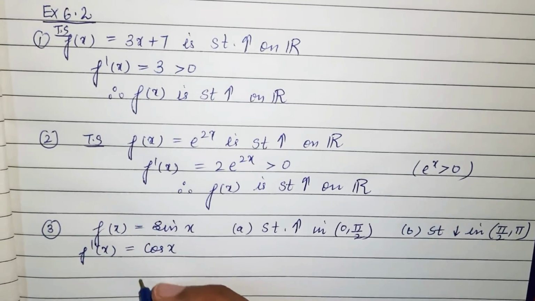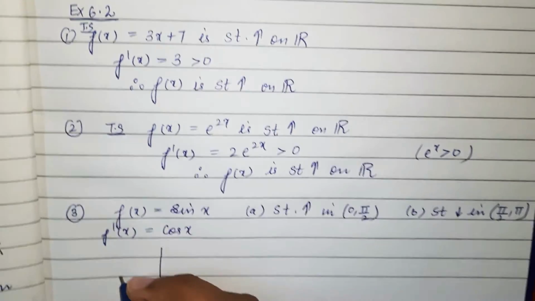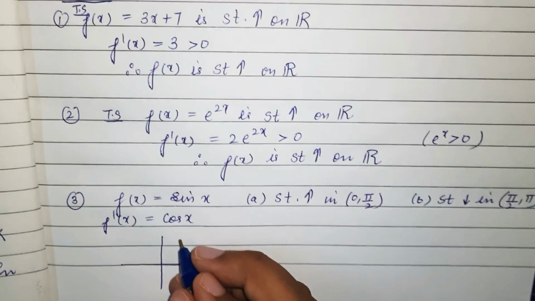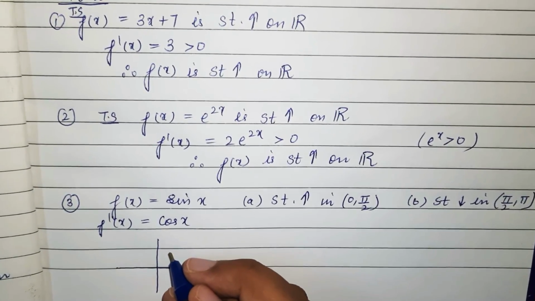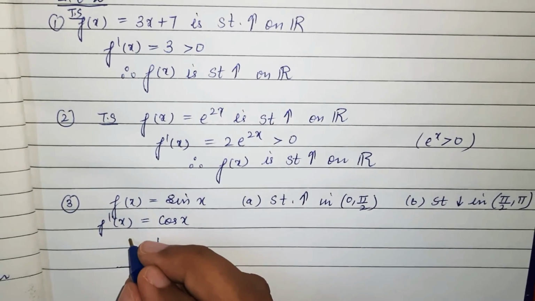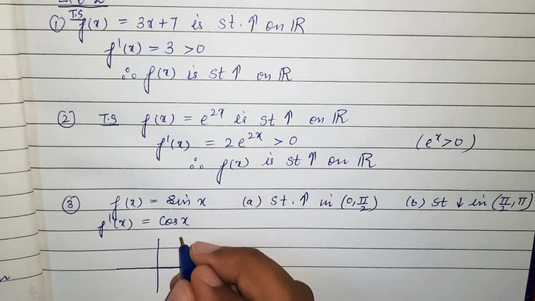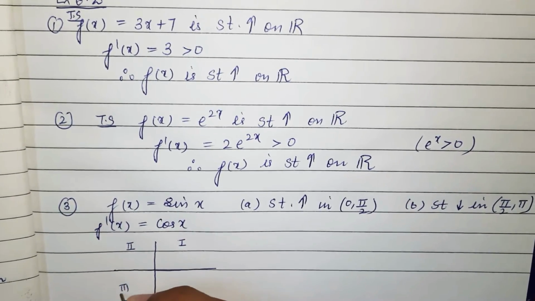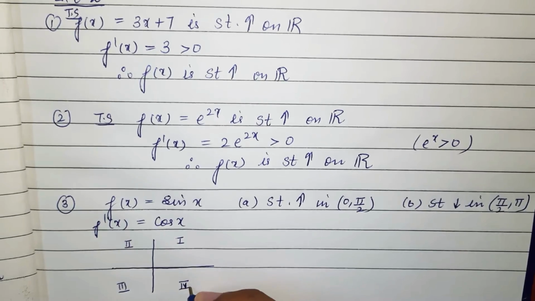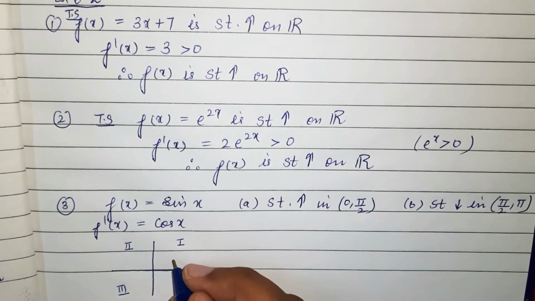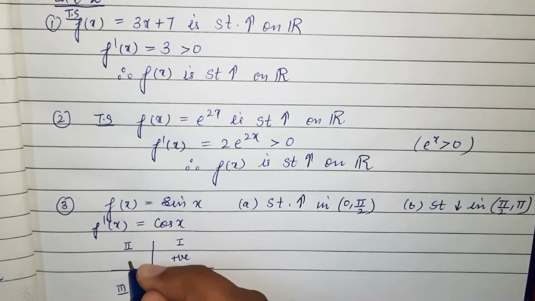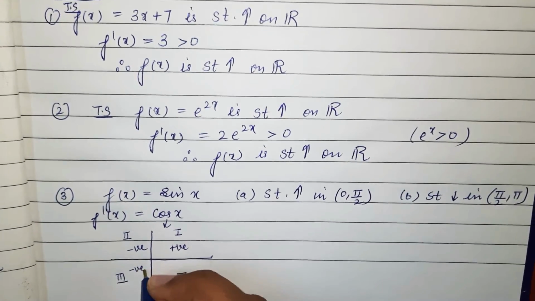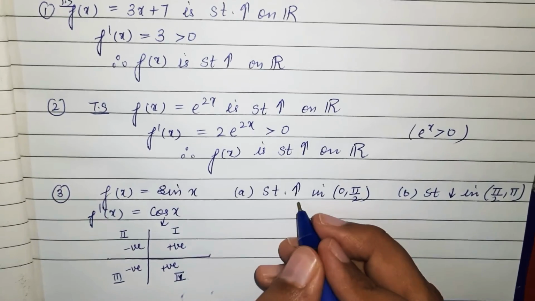Now we need to check whether cos x is positive or negative in the first quadrant, second quadrant, third quadrant and fourth quadrant. Cos x will be positive in the first, negative in the second, negative in the third, and positive in the fourth. Now you can check it.